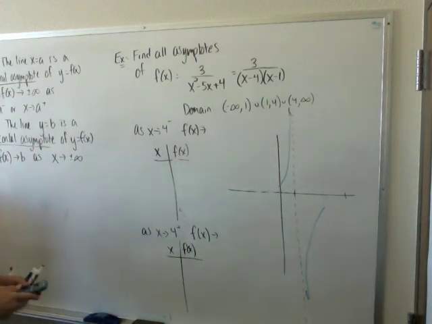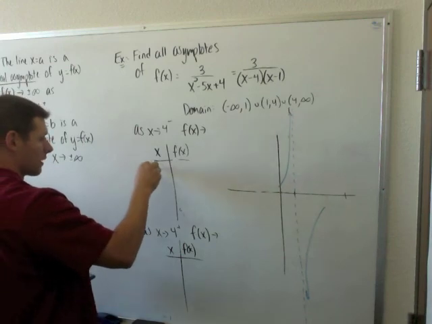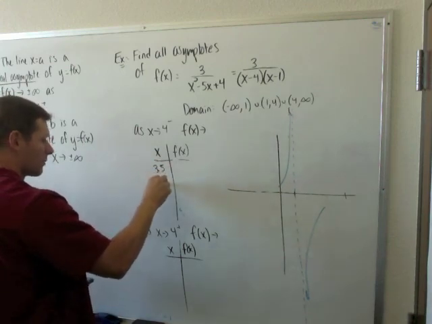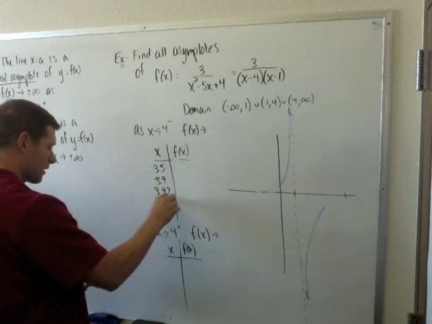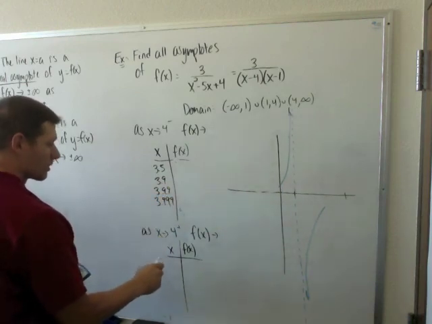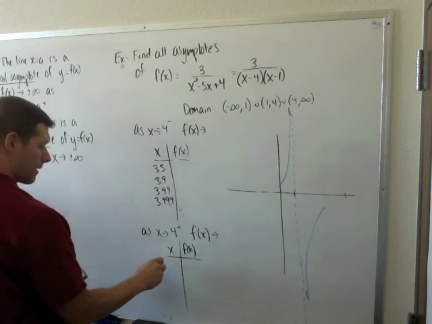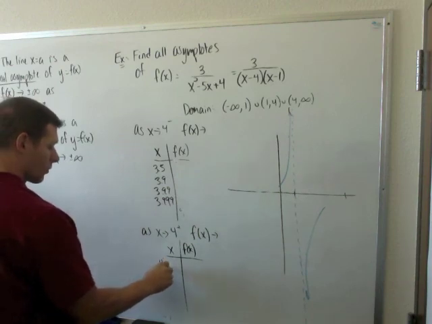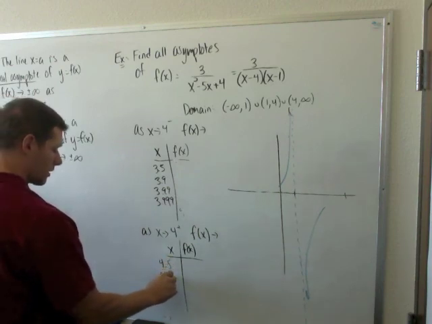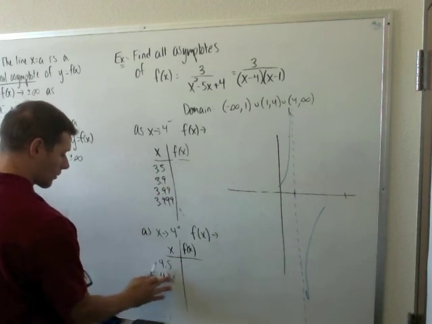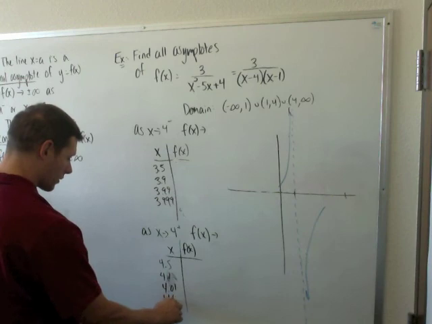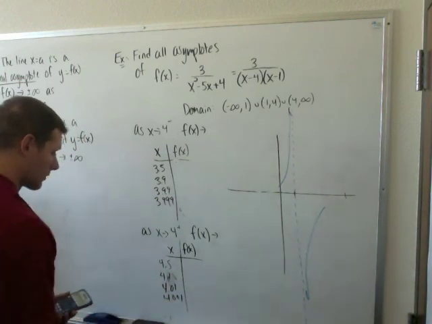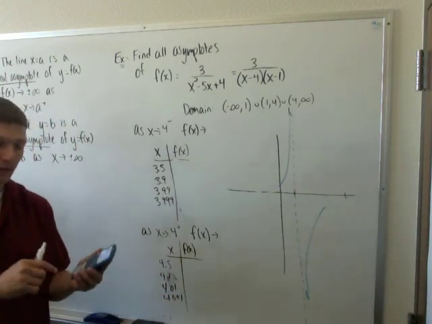So we'll put in a sequence of numbers like 3.5, 3.9, 3.99, 3.999, and over here numbers like 4.5, excuse me, 4.1, 4.01, 4.001, that type of thing. We'll see what the outputs are. Give me 1 second, I'll plug them through.